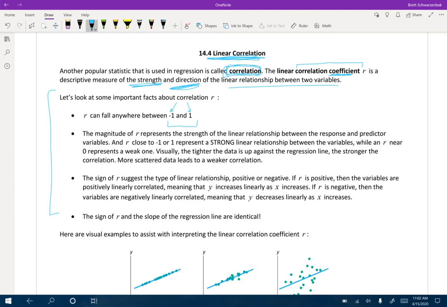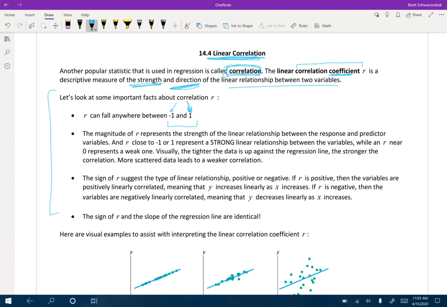What does that mean? Well, you understand what strong means. What is a negative correlation? Essentially, it's the same as slope in a sense, where a negative correlation basically means that as x increases, y decreases. So it's the same concept as slope. If you get a correlation near +1, then you have a strong positive correlation, but as x is increasing, y is increasing itself.